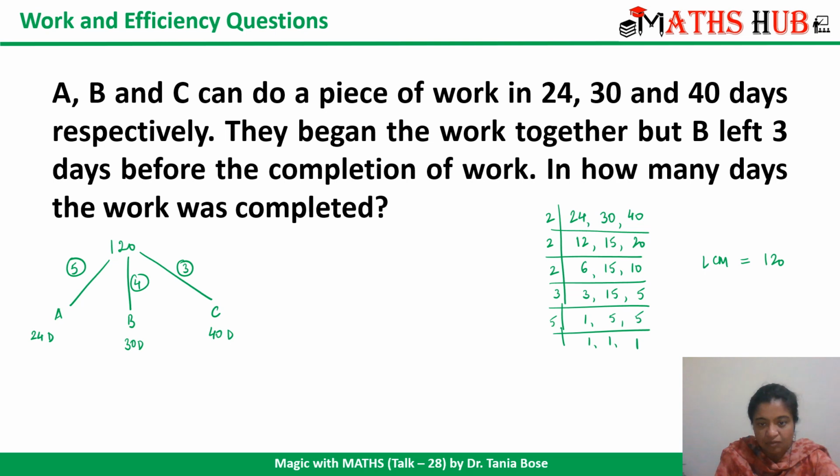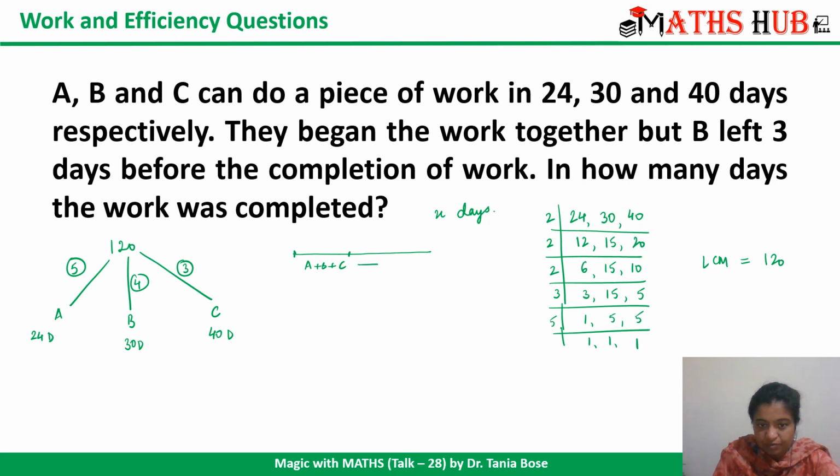So they began the work together, right? So let's write here A plus B plus C. But B left 3 days before the completion of the work. So if I assume that the total work is to be completed in X days, that means they began the work together but B left 3 days before the completion of the work.